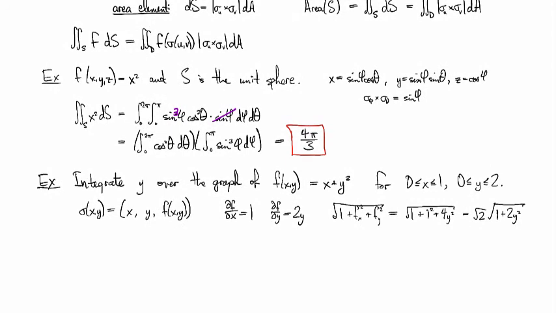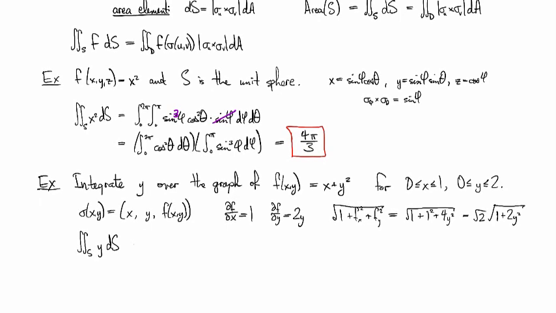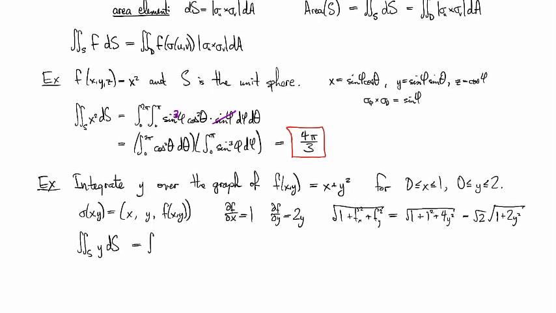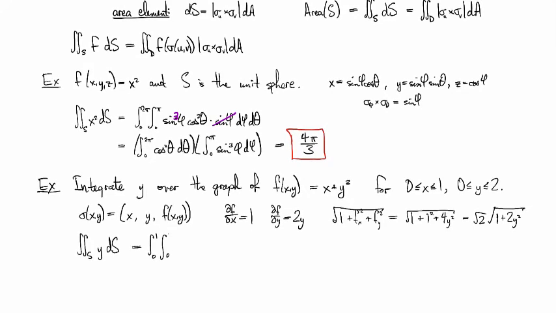So our integral, we are looking at the double integral over S of the function y with respect to dS. This is over the parameter domain D, 0 to 1 and then 0 to 2.